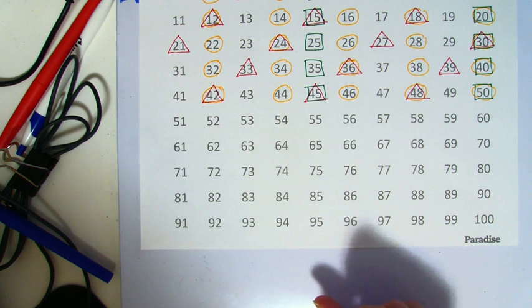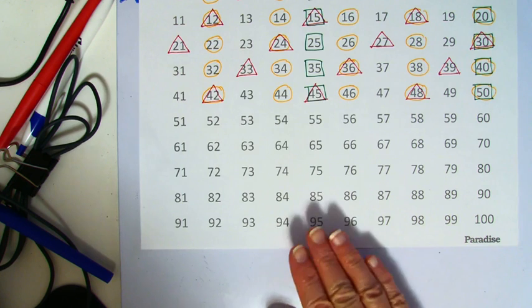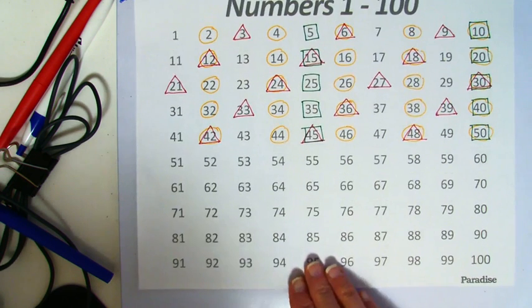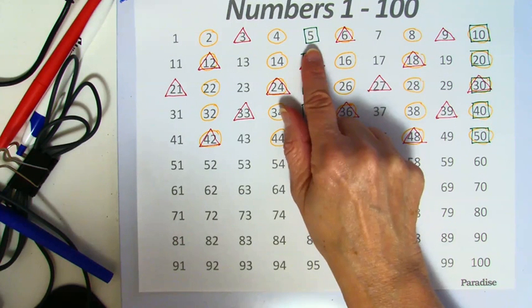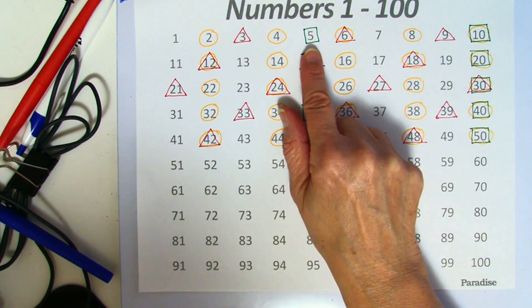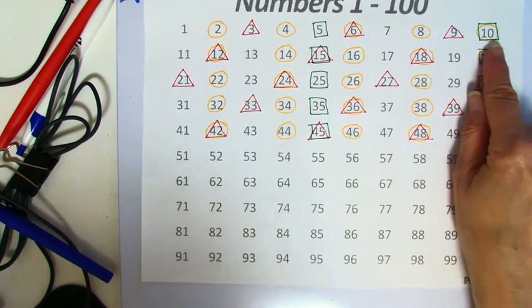Okay, let's look at some others. For instance, the number 5. All the numbers that are divisible by 5 have a green box written around them. And you can see for each row there are 2 numbers. There's a number that ends in 5 and a number that ends in 0.